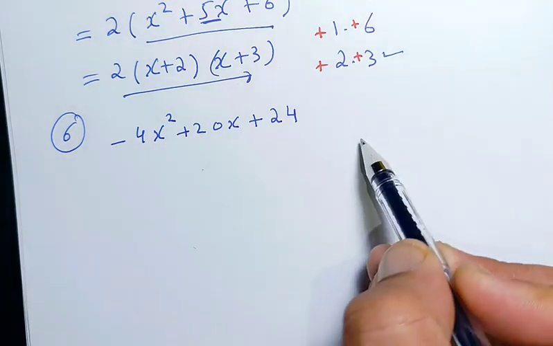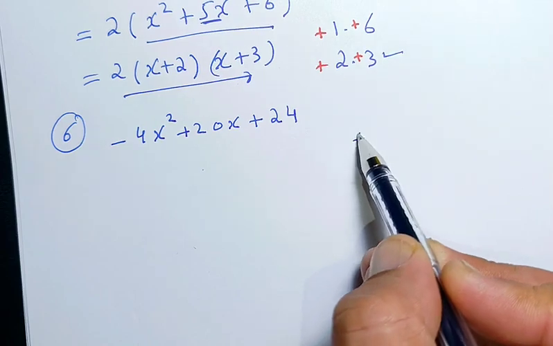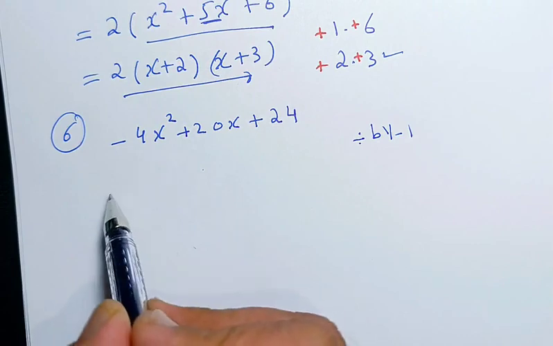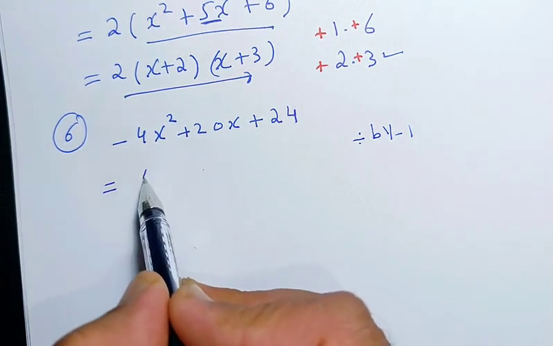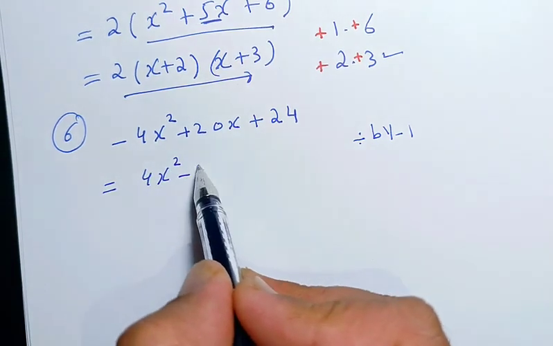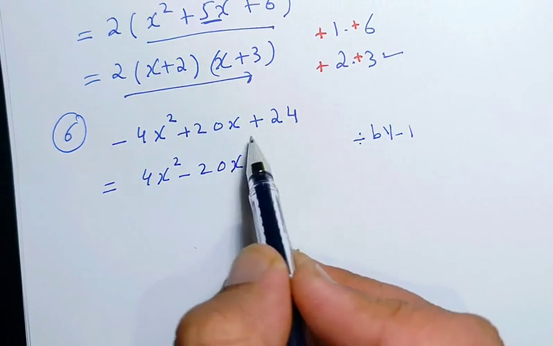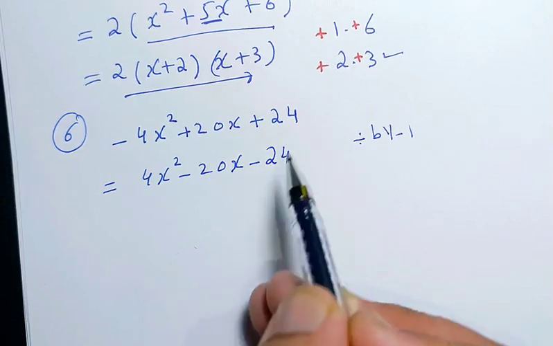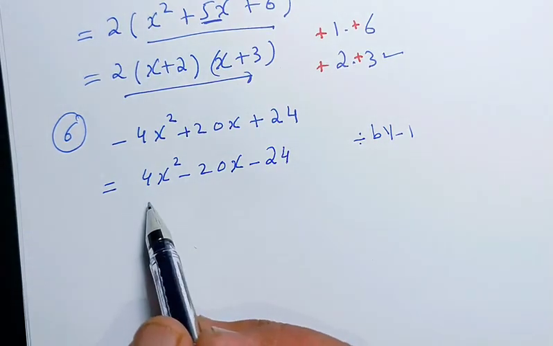Negative divided by negative 1 is going to be a positive 4x squared. Negative becomes positive, positive becomes negative. Negative times positive is negative. So there we go. Now, is there a common factor?